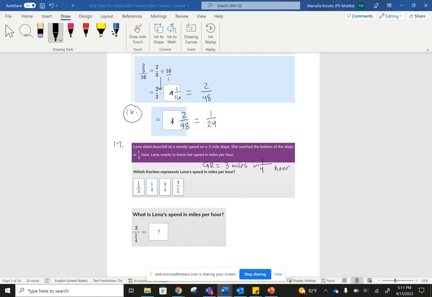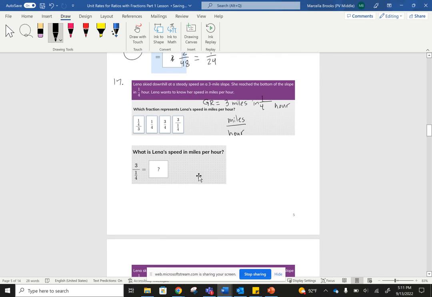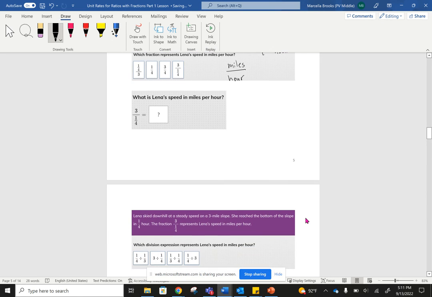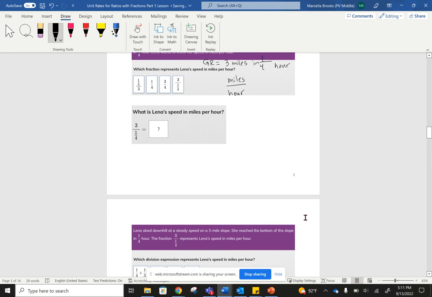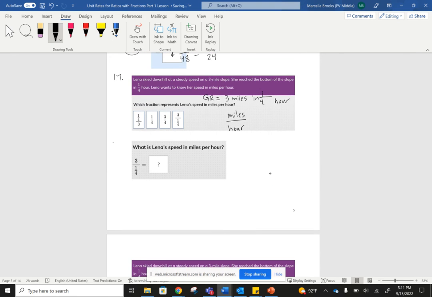I'm going to let you choose which fraction represents miles per hour. Miles should be on top and hours on bottom. Then I want you to calculate what her speed is in miles per hour. That's 18. So do 17 and 18, and then raise your hand and I'll check them.